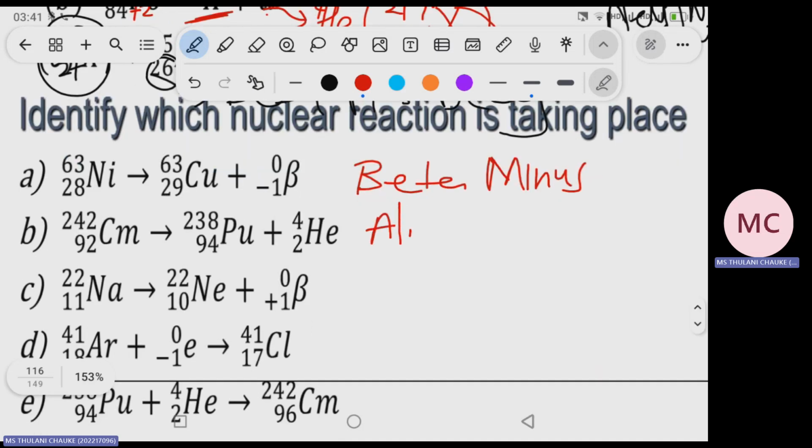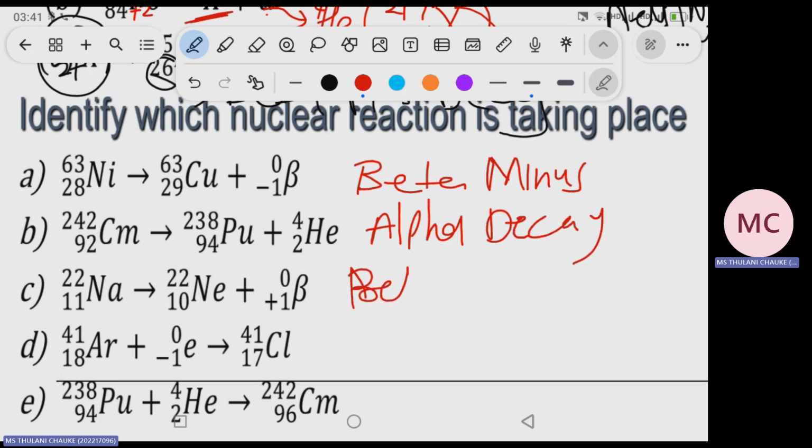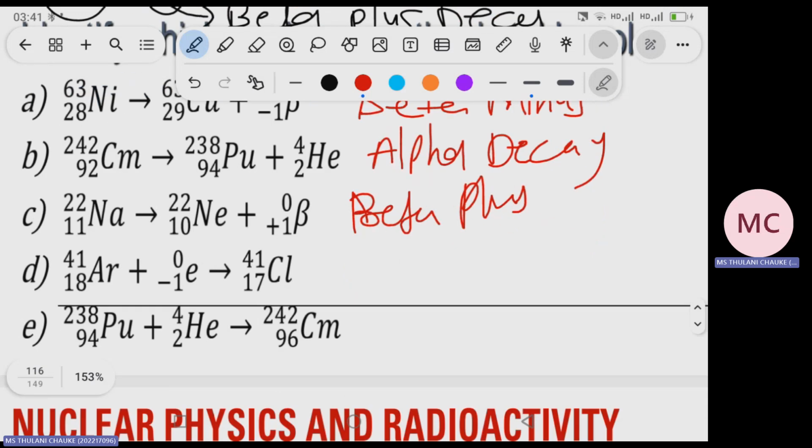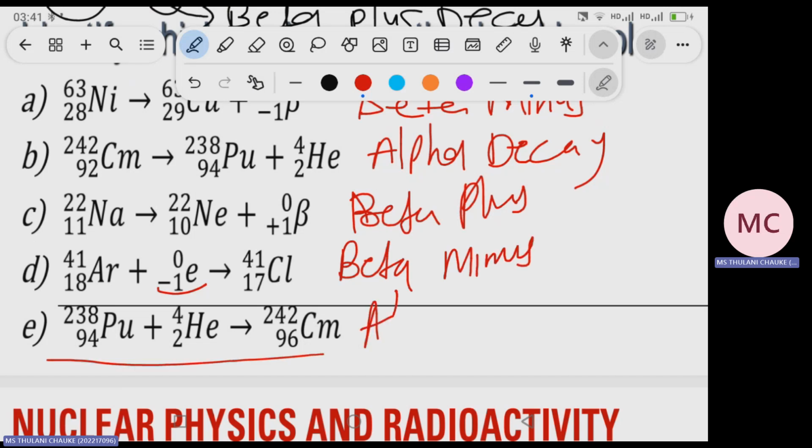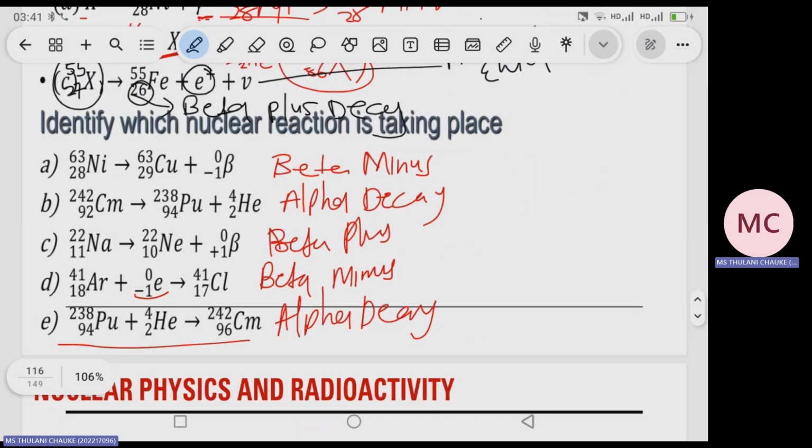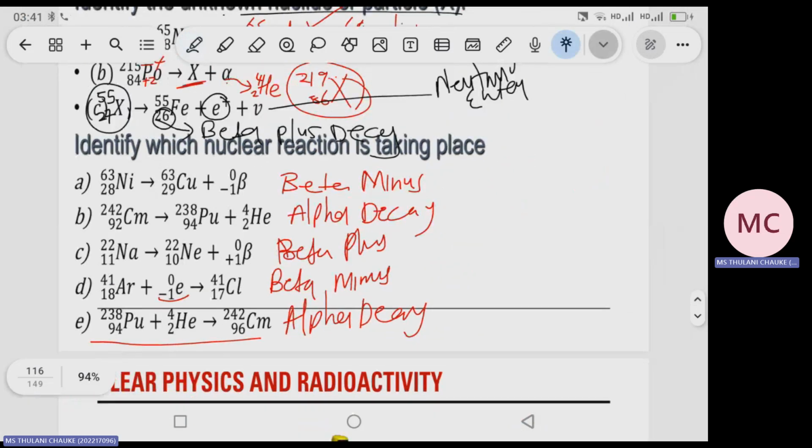Then with this one, it's alpha decay. Then this one, it's beta plus. With this one, an electron is emitted, so it's beta minus. Then this one is alpha decay. So I've answered everything there.